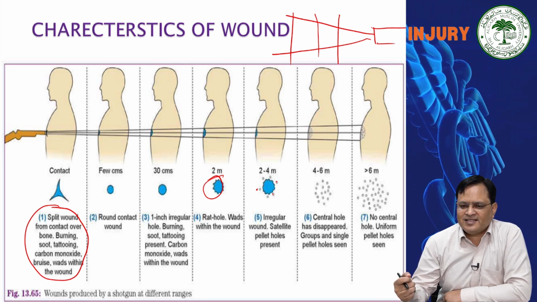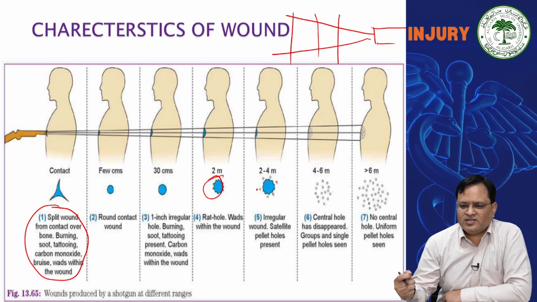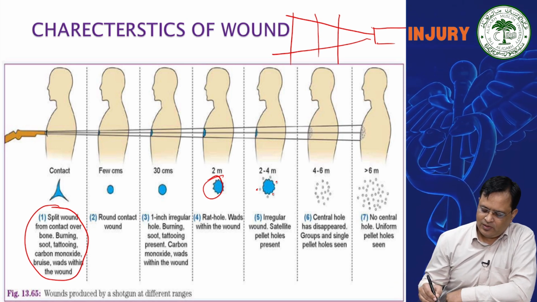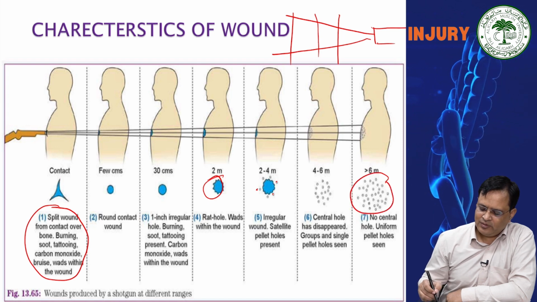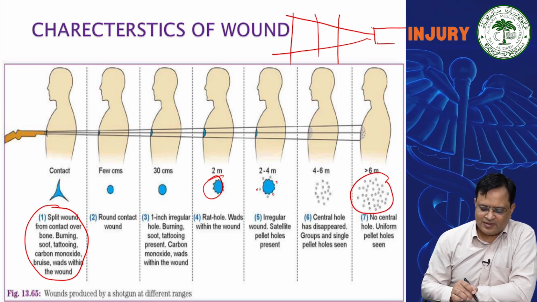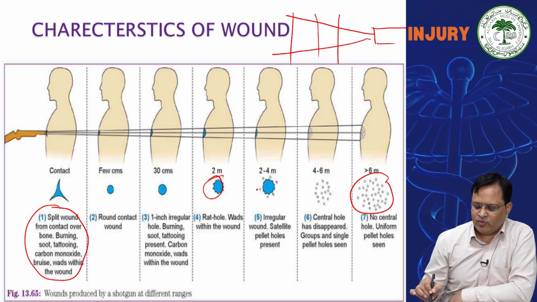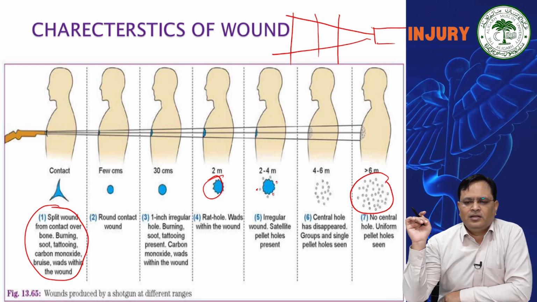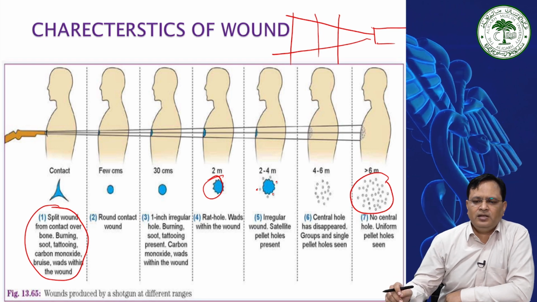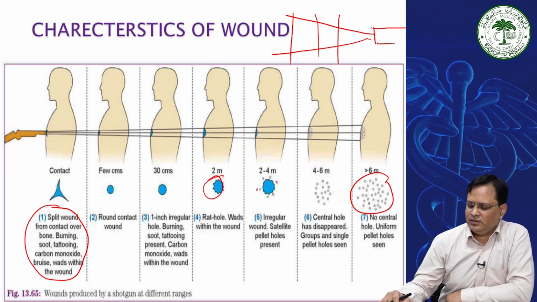Whereas at greater than 6 meters, no central hole, only uniform pellet holes are seen. So in all the distances we can see that the more the distance, the more is the expansion of the path of the pellets.